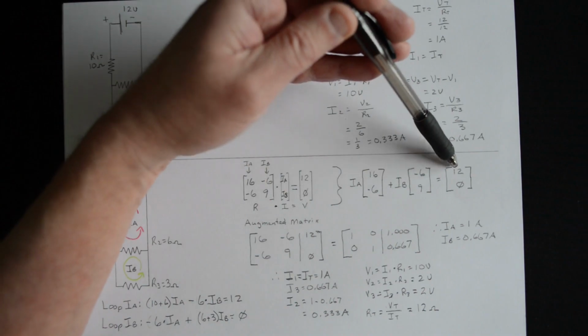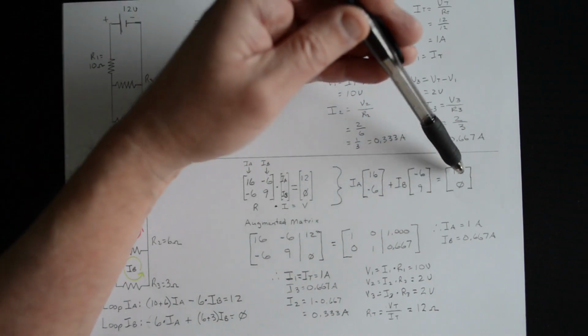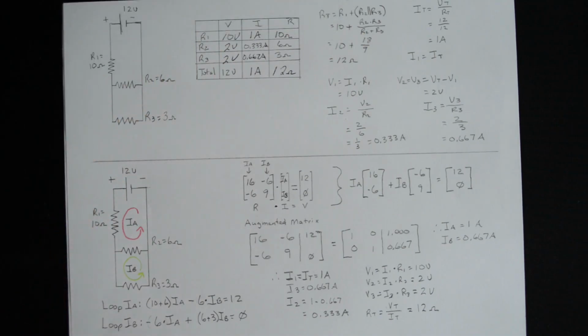So we're multiplying that, and it comes out to the right-hand side, 12 and 0. Now, here's how you do the mathematics, and I chose an extremely simple one so you could actually see it. You wouldn't be able to do what I call hand bombing this stuff too easily on anything difficult, which is why you always use software. But this one is simple enough that you can see what's going on.